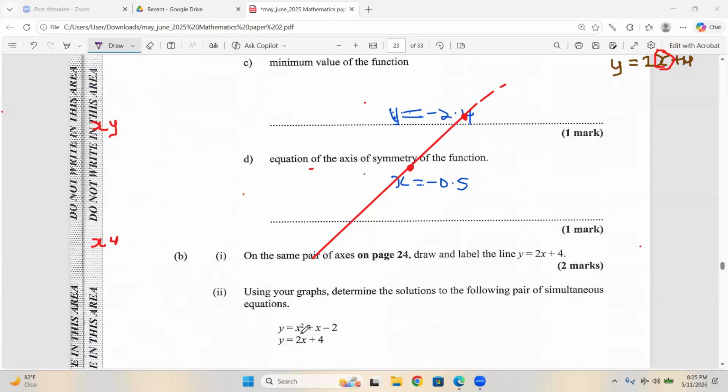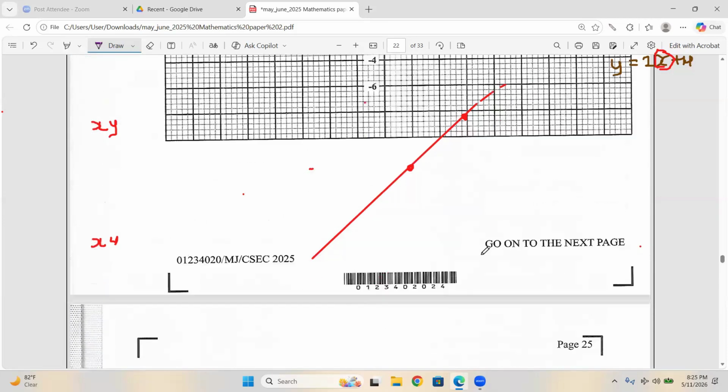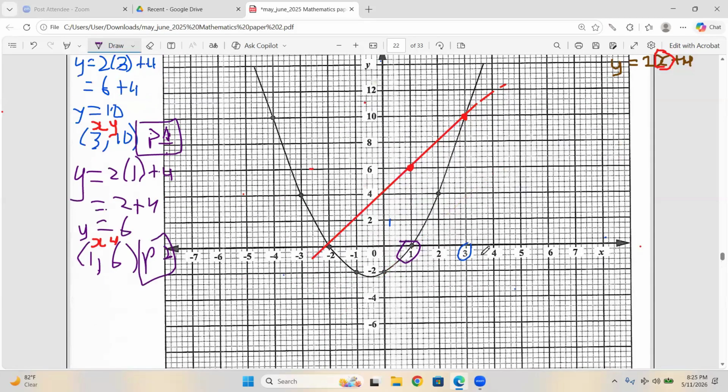So the pair of simultaneous equations is the quadratic they give us and the straight line we just drew. They said the solutions, right? When they're asking for solutions when you're doing simultaneous equations, you all might be familiar, some of you or most of you, you would find an x and y value, right?